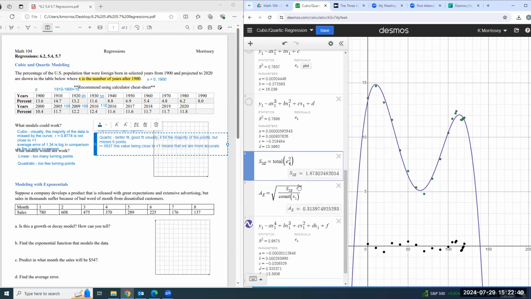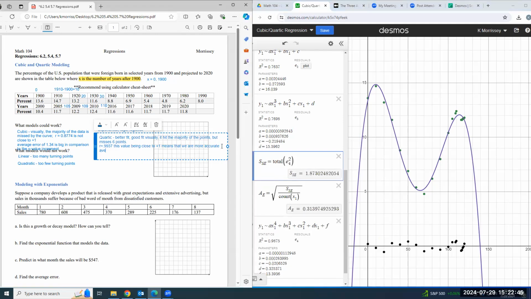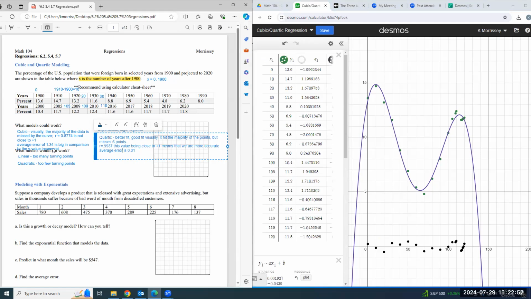So we're going to change that value, and then your average error is 0.31, depending on how we want it to round, which again is actually pretty good in comparison to our last one of 1.34, so definitely under that value. This value is better than before. So if we're picking between these two models, the quartic model would be a better fit.